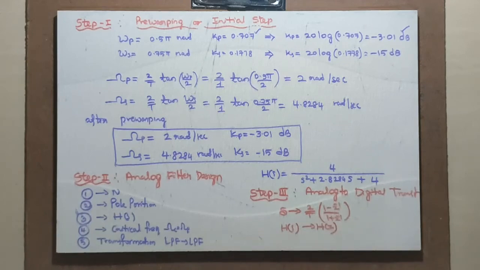And after this step you get H of z. What is H of z? The answer comes out to be this, because this is the solved example only. This is not a different example, because already you have solved this example.